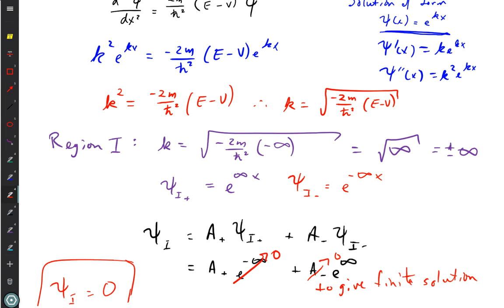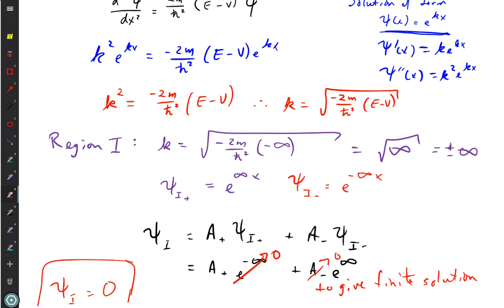We would have to determine them if they weren't zeros. But in that way, you were able to get rid of the x term in the exponent? No, because I had the infinity, I used the fact that in region 1, x is always going to be less than 0, so it's always negative. And so a negative number times minus infinity is always positive infinity. And likewise, a negative number times positive infinity is always going to be negative infinity. So that's how the x's disappeared.